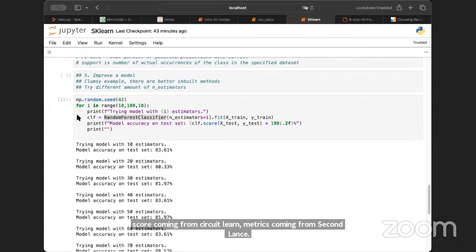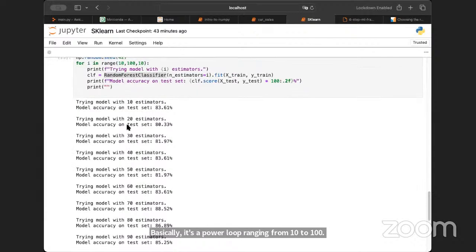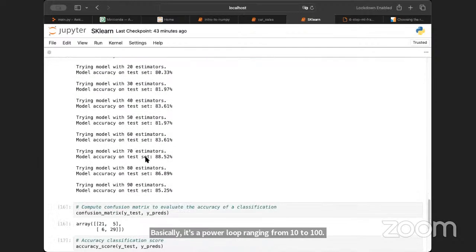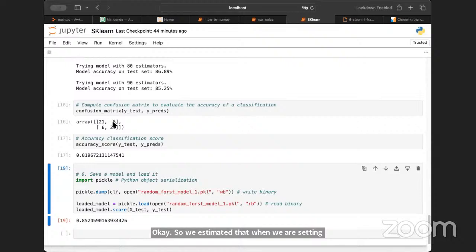This is the only part where I use some logic. Basically, it's a for loop ranging from 10 to 100, stepping by 10, increasing 10 every time, and checking where we get the most accurate results. We estimated that when we set the hyperparameter at 70, that is where we get the most accurate result.